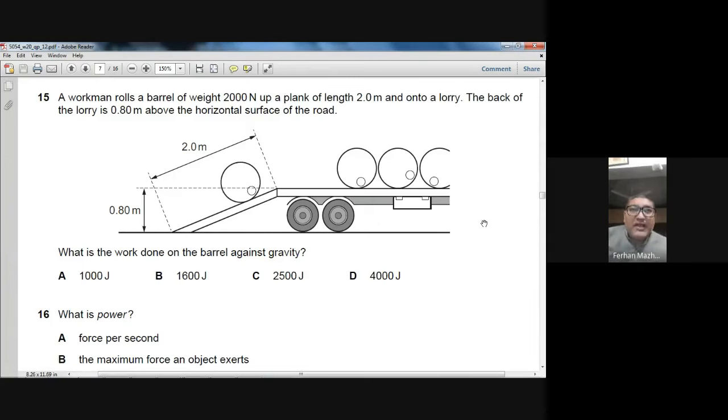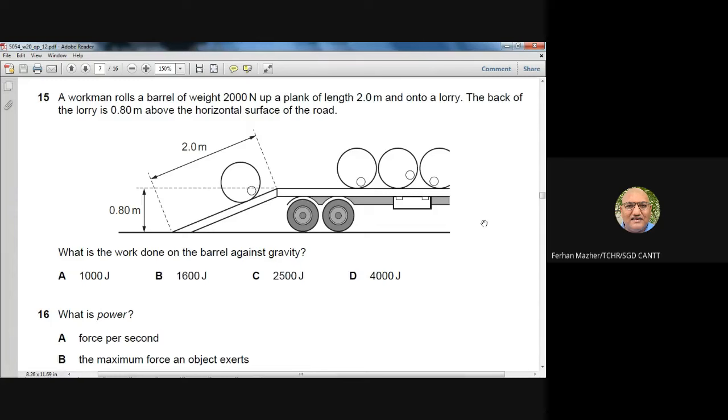Whenever you move something in the upward direction, the work done can be calculated by the gain in potential energy. One way of calculating the work done is the gain in the gravitational potential energy of that barrel. So the work done equals weight multiplied by height, or mgh, where mg is weight.